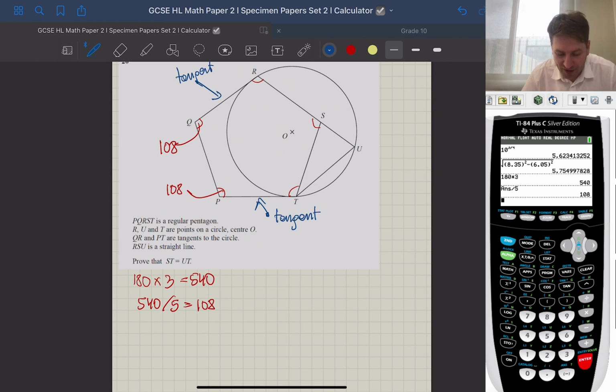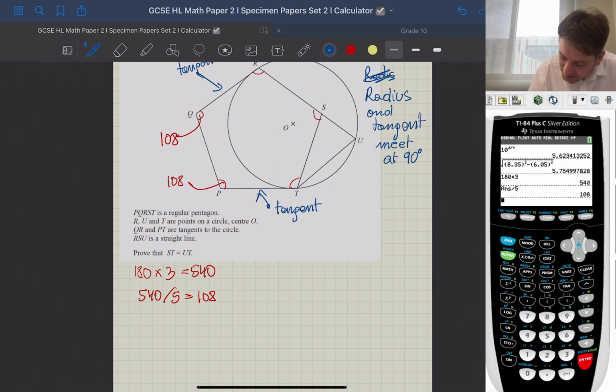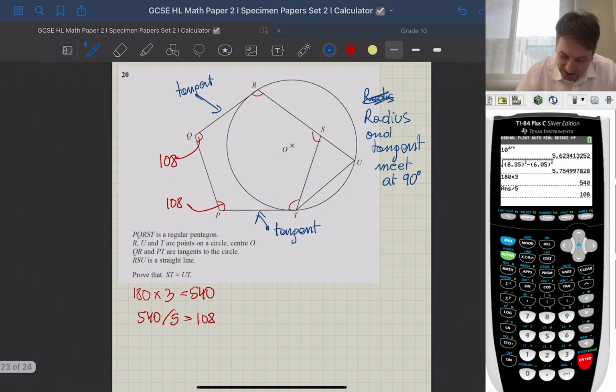However, what I do know is that if I had a radius and tangent, they actually have a special connection. Radius and tangent meet at 90 degrees.